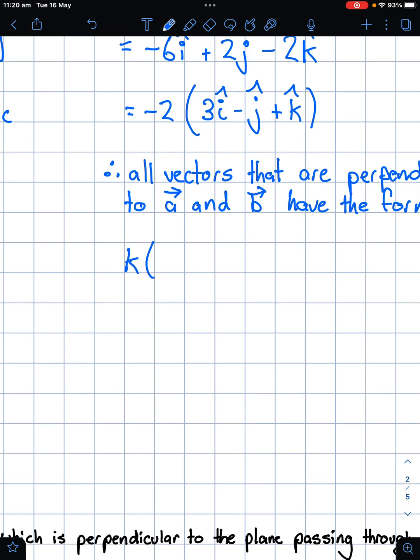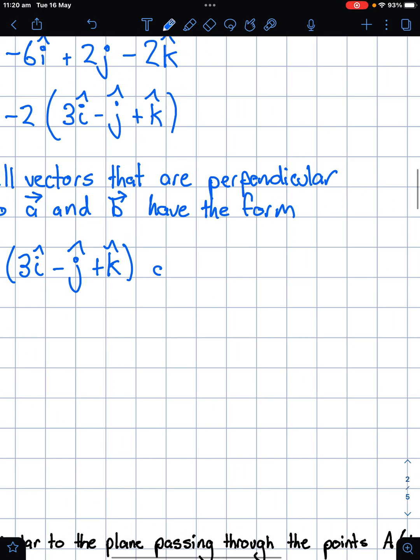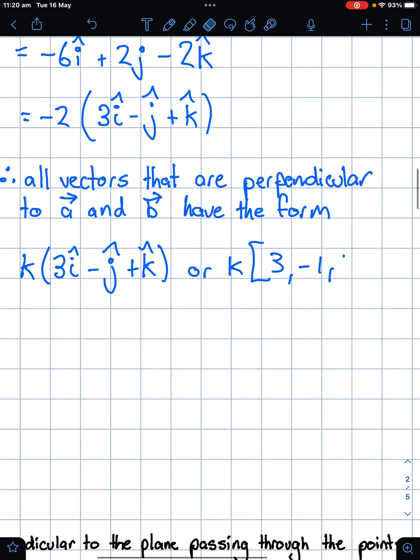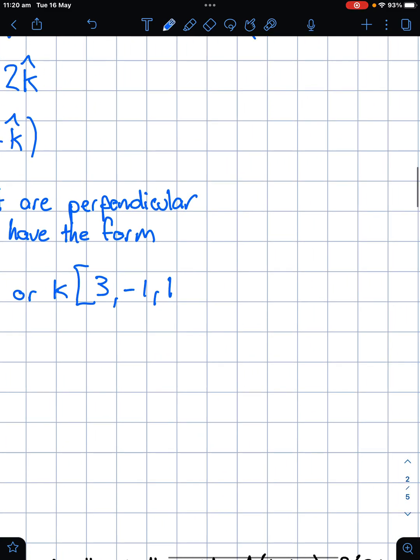Now, I can remove this negative 2 here and I can just write this as 3I minus J plus K. Or I can write this as K times the bracket (3, -1, 1).